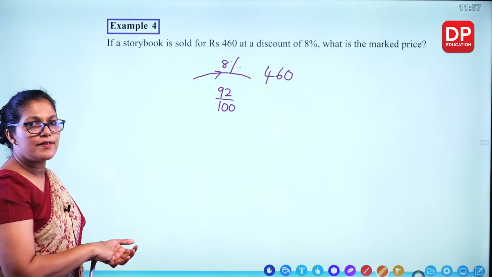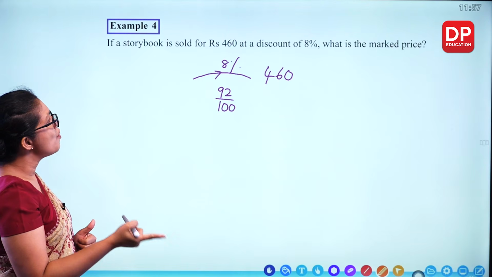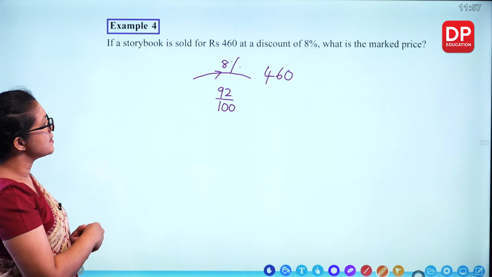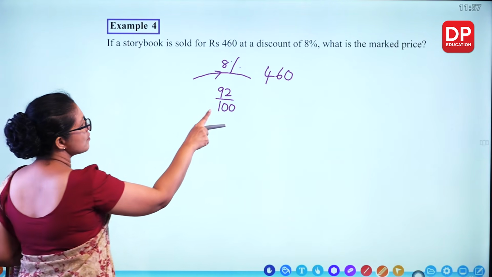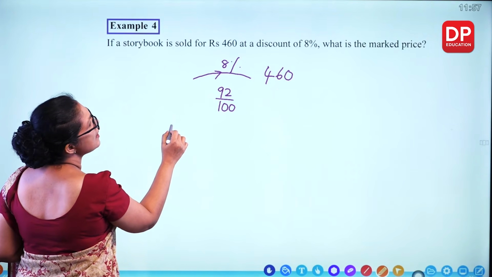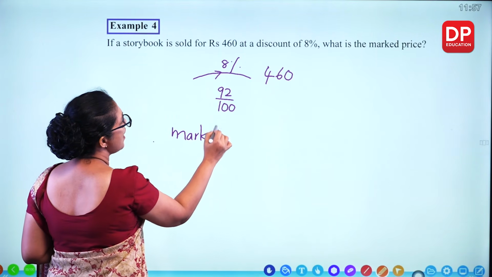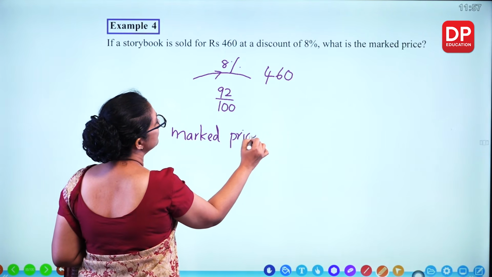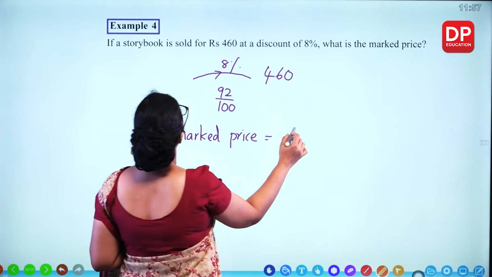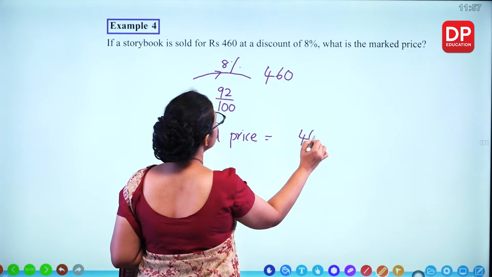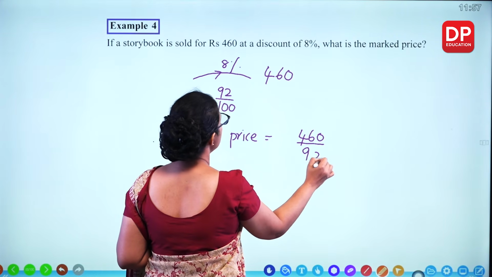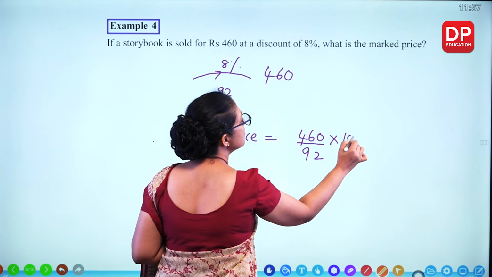If you buy for 100, you have to sell it for 92 with a discount of 8%. So that means the marked price here, marked price 460 divide by 92 into 100.